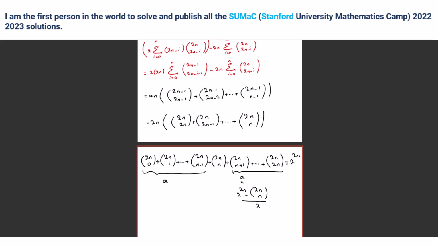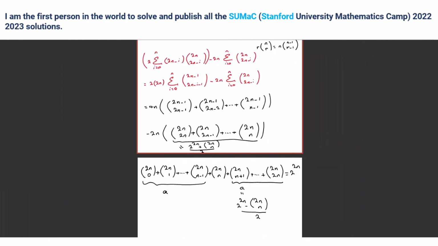Yeah. So then what's this part equal to? 2 to the 2n plus 2n choose n, over 2. By using a similar approach, what can we say about this one?